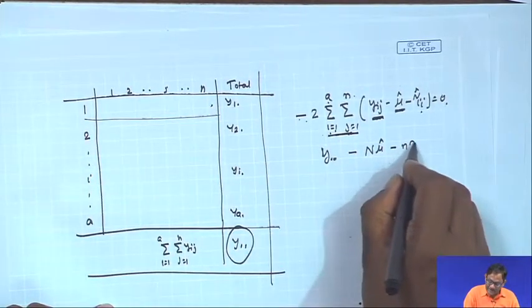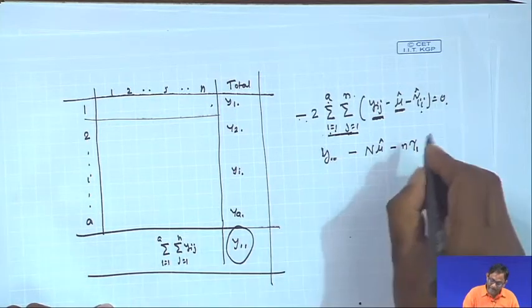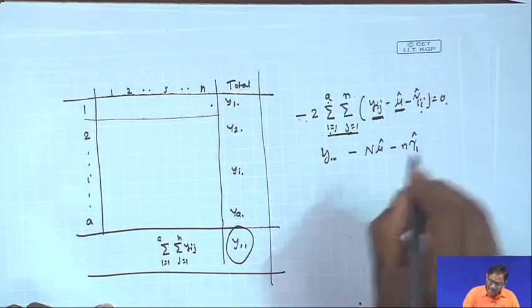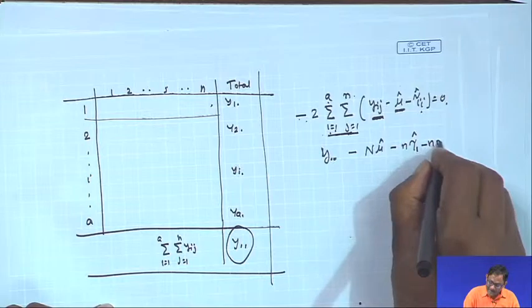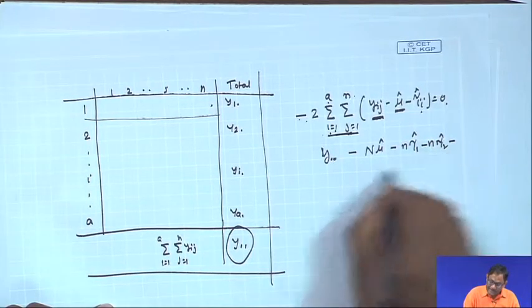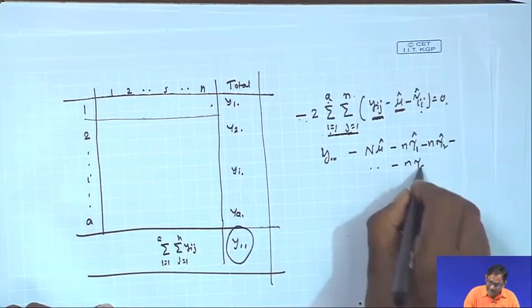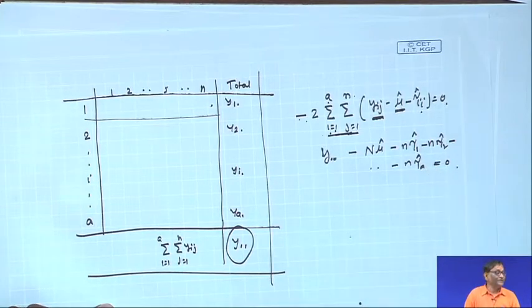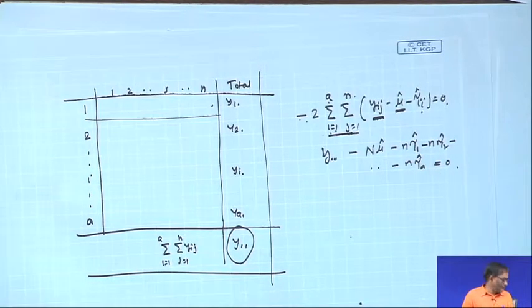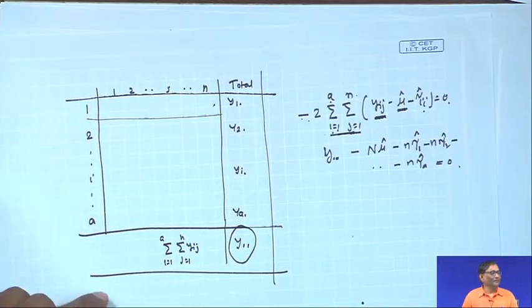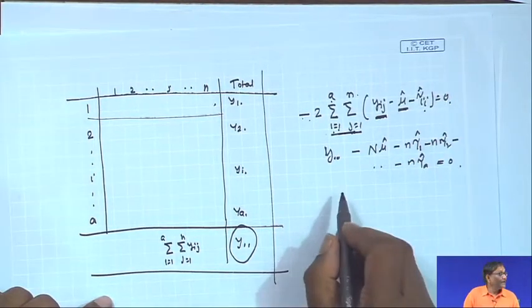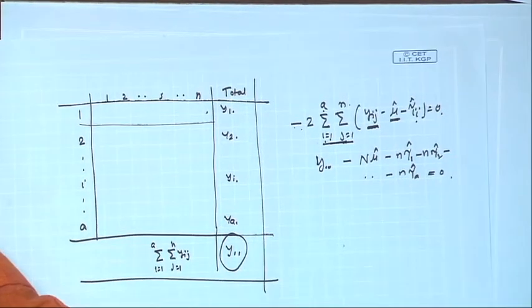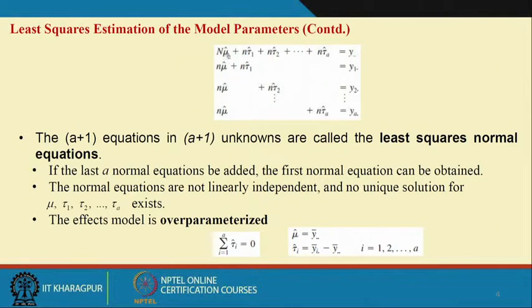So, minus n tau 1 cap minus n tau 2 cap, like this, minus n tau a cap, this will become 0. So then we are getting the first equation, n mu cap plus n tau 1, n tau 2, like this, this is giving you this equation.